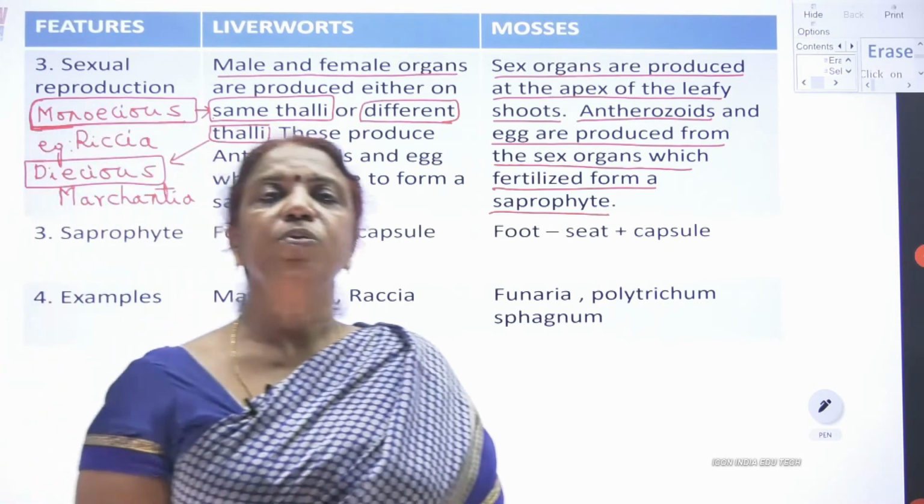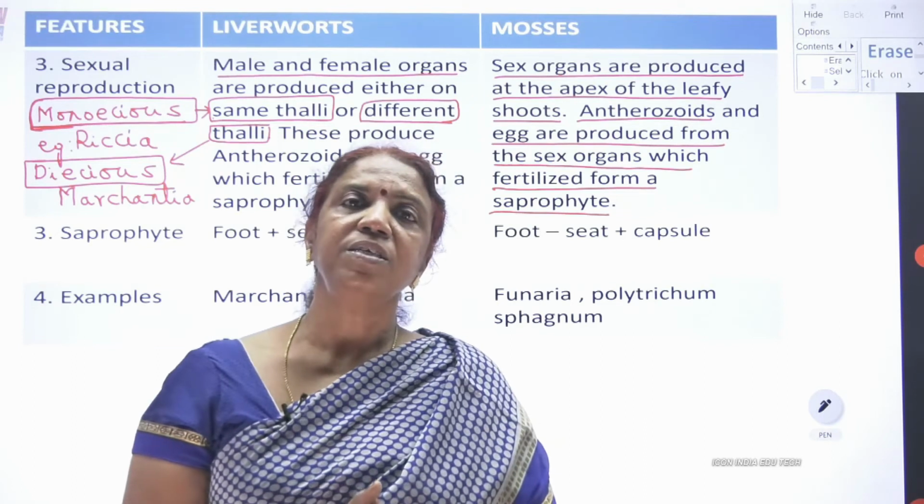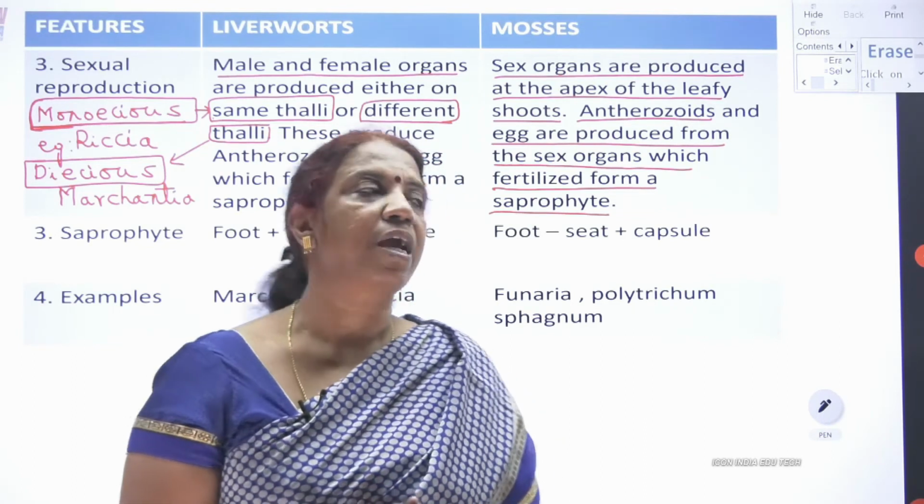Next is the sporophyte. In liverworts, what is the sporophyte? The sporophyte consists of foot, seta and capsule. In mosses also it is foot, seta and capsule.